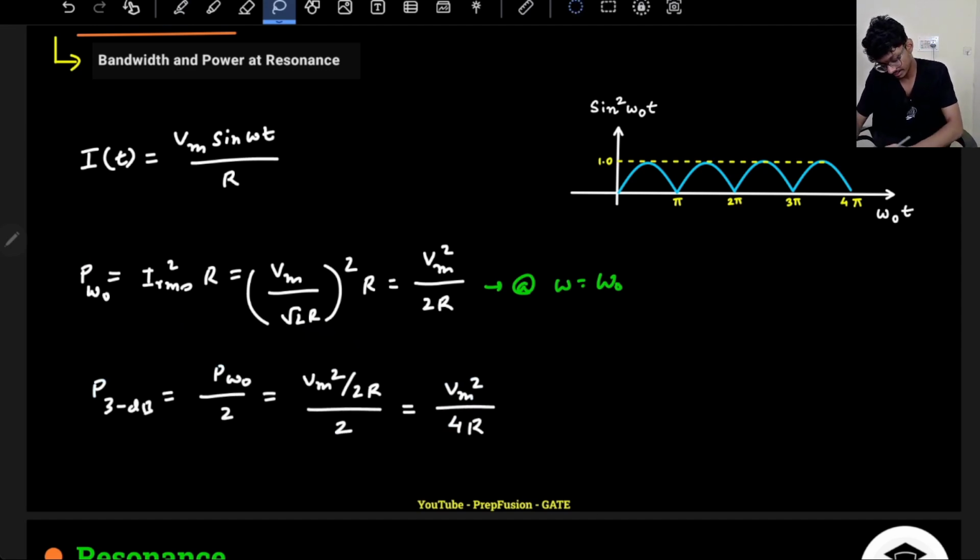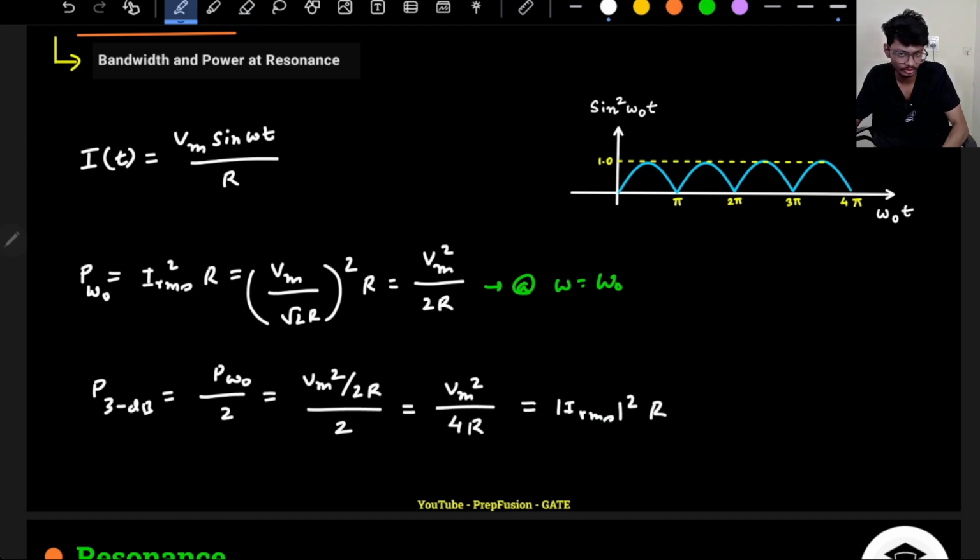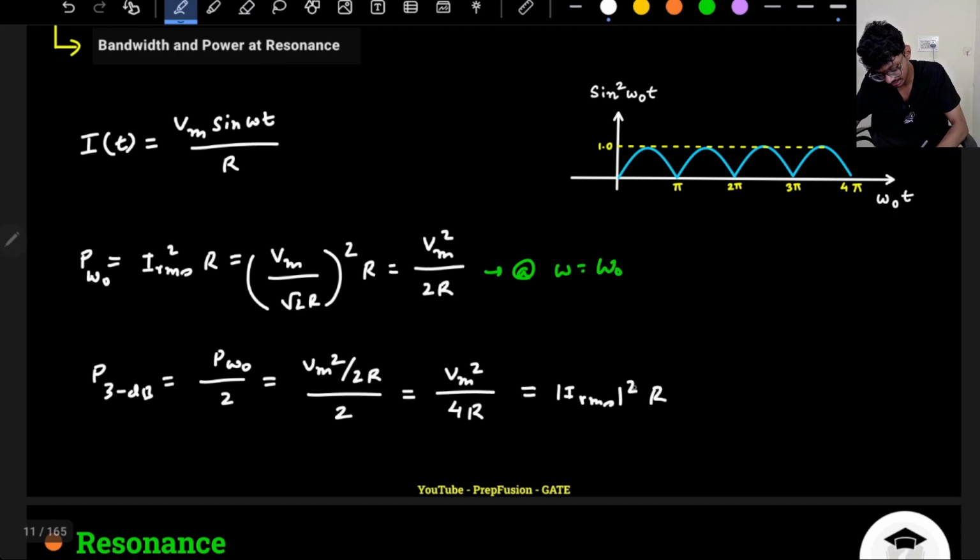Can you find out the current here? What is the Irms? The power formula will not change: power is Irms whole square into R. So what is Irms here? This is Irms at omega equals omega 3 dB, that is omega L or omega H.